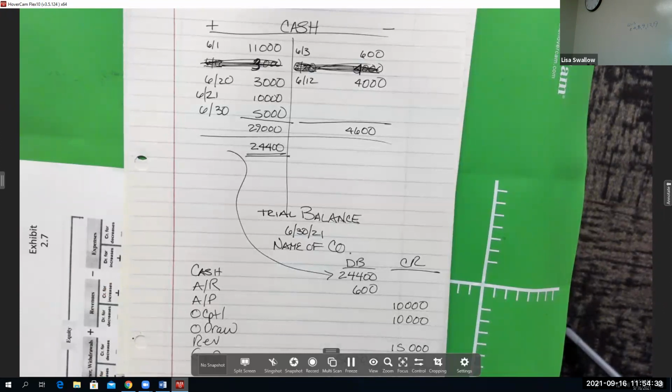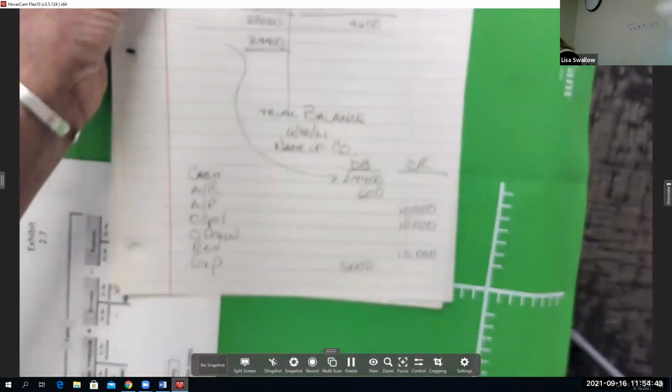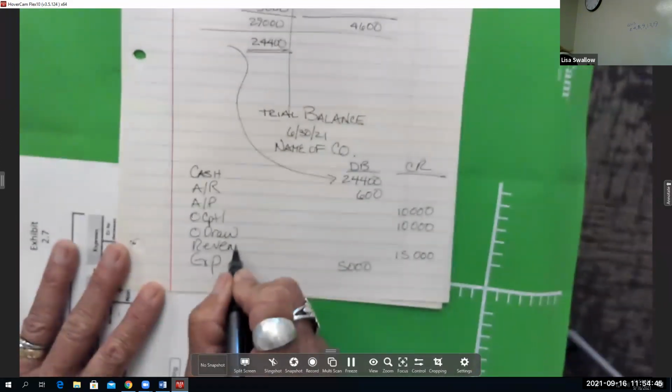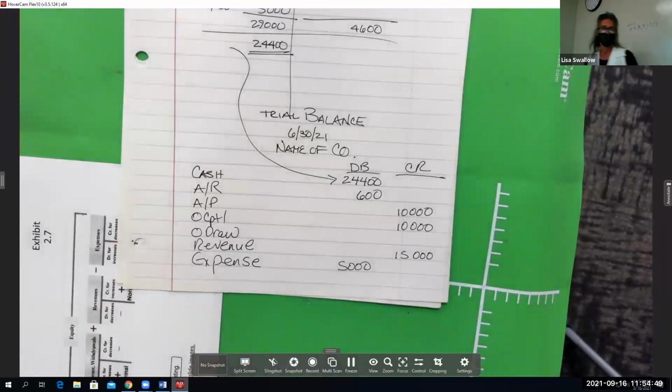Let's see this all the way through. And in my super easy example here, I only have one revenue and one expense account. Super, super, super easy example here. Cash, AR, AP, some capital, one revenue account, one expense account.